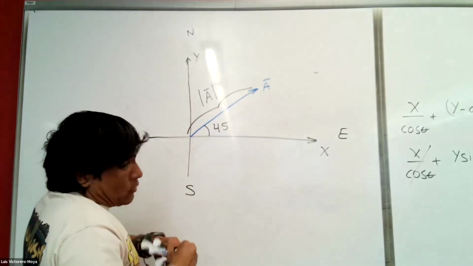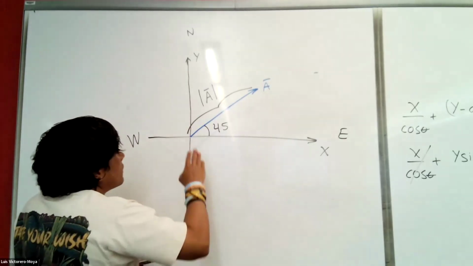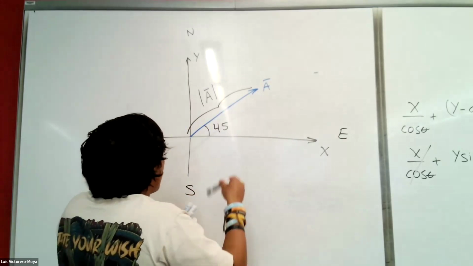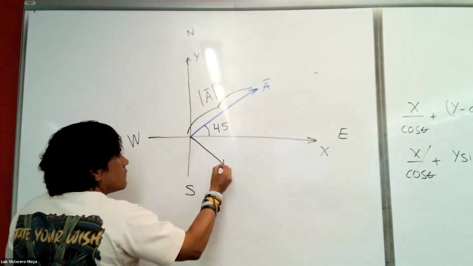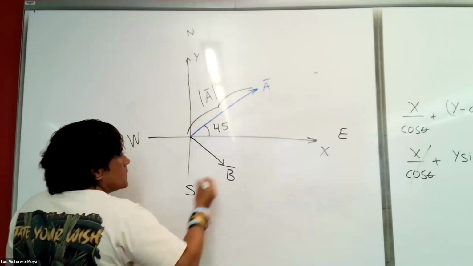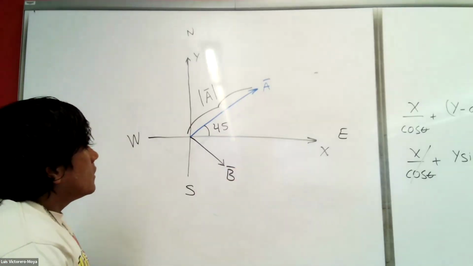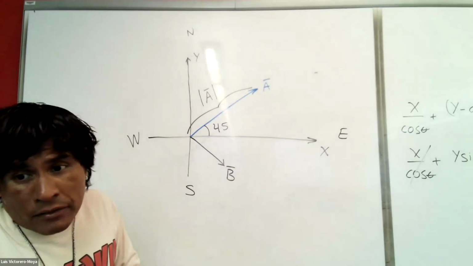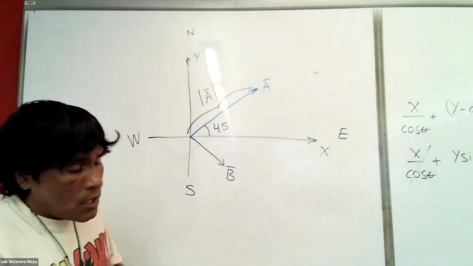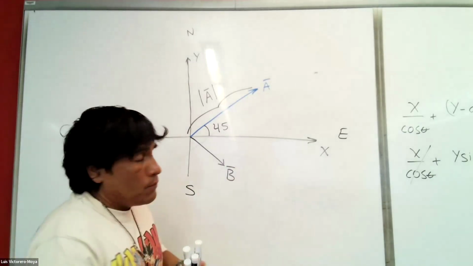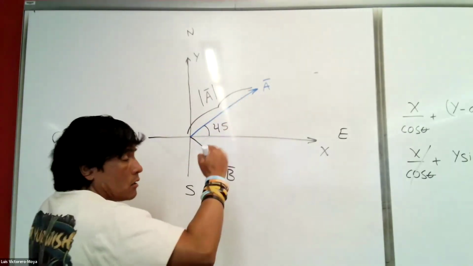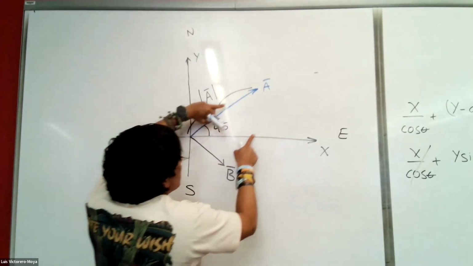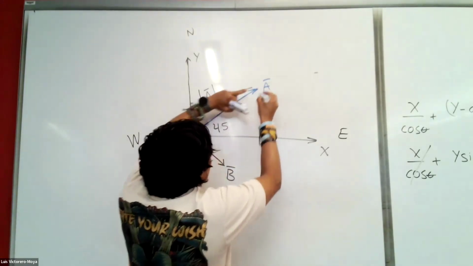Now, how do you add vectors graphically? Well, I can draw a vector here, say vector B, and to add them, we use a parallelogram method, right? Where, graphically, vectors can be moved parallel, keeping the same magnitude and the same direction.